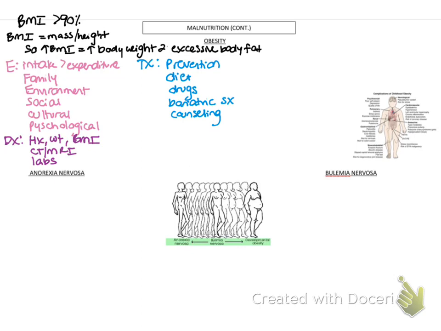Counseling, they may need just nutritional counseling. Maybe they think, well, I eat healthy. I eat nuts and I have 7 handfuls of nuts every day. I don't know why I'm not losing weight, when they don't realize that was like 4,000 calories there, or maybe they don't understand. Behavior therapy, getting the family involved, and of course physical activity.